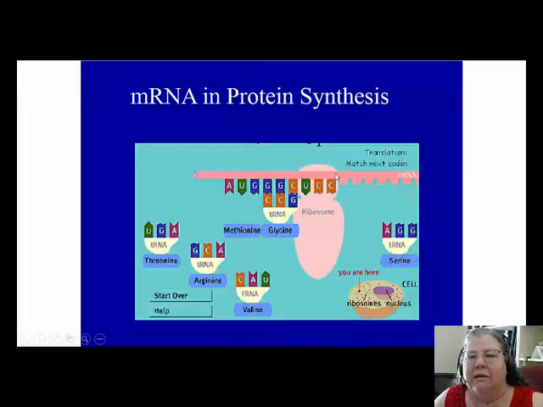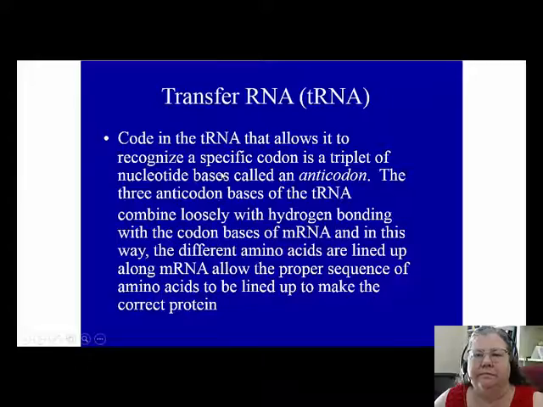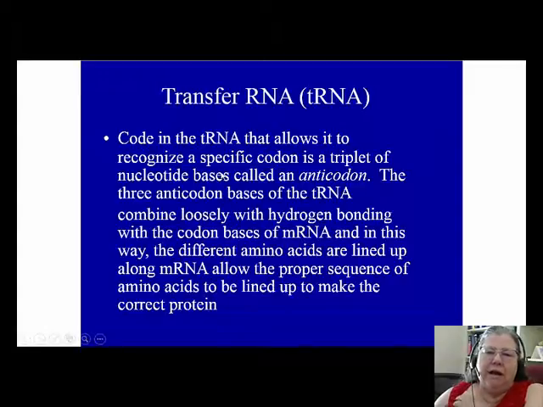We have our messenger RNA here, and those transfer RNAs are lining up with the codons in the ribosome and bringing them to make this strand of protein. The code on the transfer RNA that allows it to recognize a codon is called an anticodon.